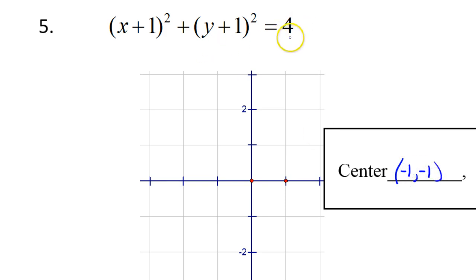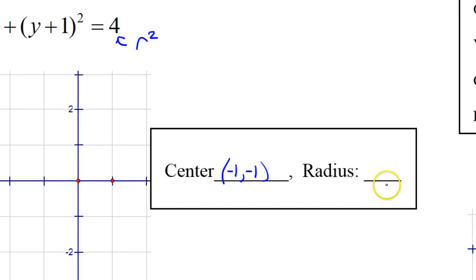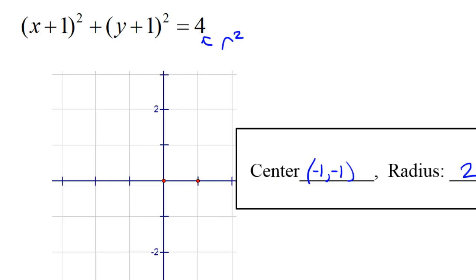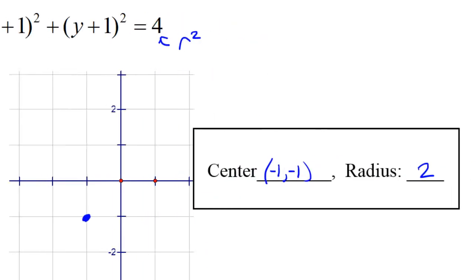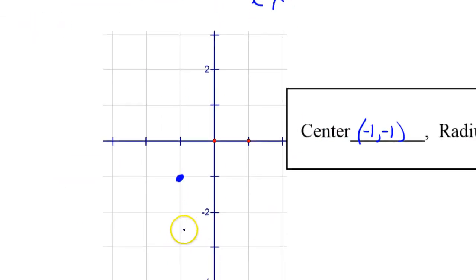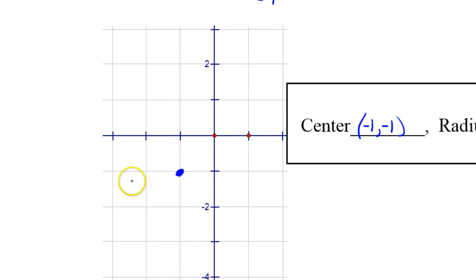Now this number represents the radius squared. So if the radius squared is 4, that means the radius itself is 2. That's enough for us to graph a circle. So if the center is -1, -1, that means the center is right here. If the radius is 2, that means if we go up 2, down 2, left 2, and right 2, we will be graphing points on the circle.